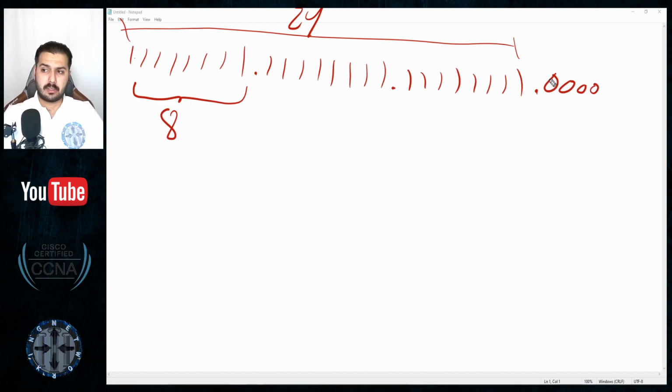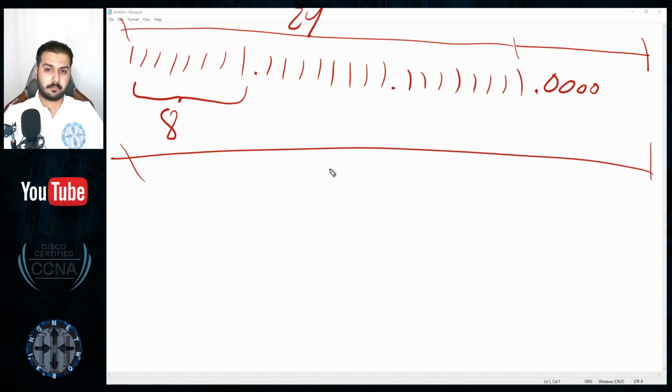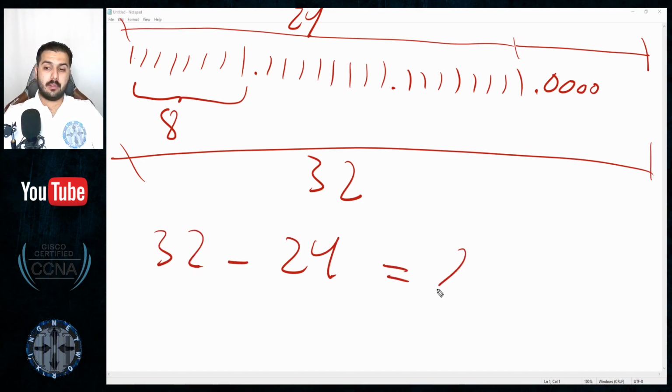So I saw a 0, then definitely until I reach 32 in total, I will have to continue with zeros. So I had 24 ones, and the total must be 32, so I will need 8 zeros to finish that. So 0 0 0 0 0 0 0 0.